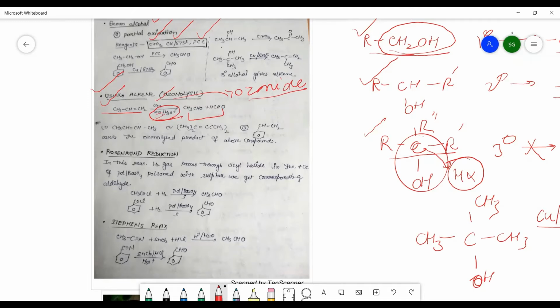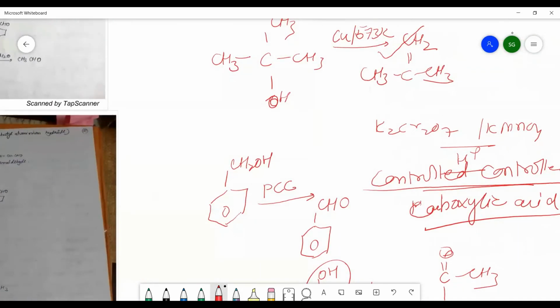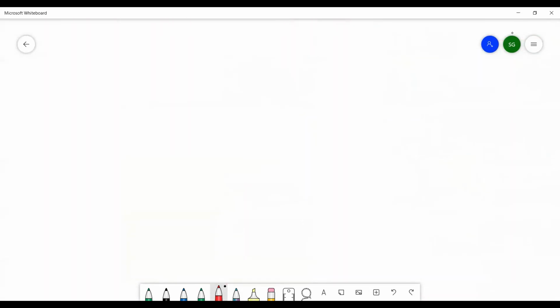Suppose here we are taking CH3 CH double bond CH2, that is propene. When we will do the ozonolysis अगर हम इसका करते हैं तो you will see कि there is a formation of, see how it takes place. You will see the propene and you are adding ozone to it.